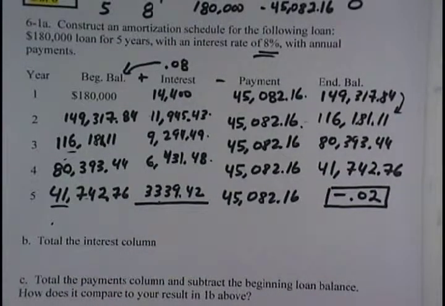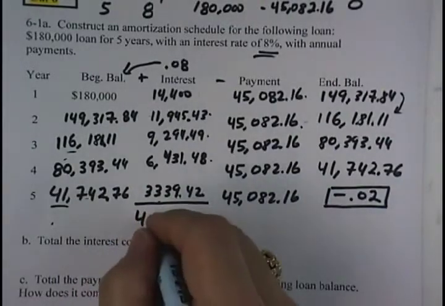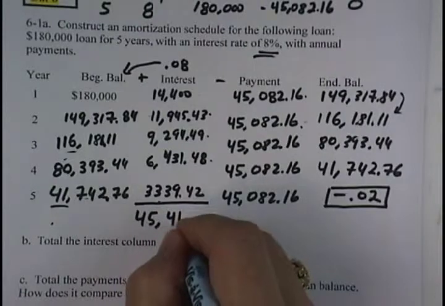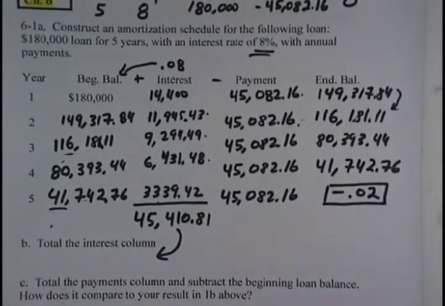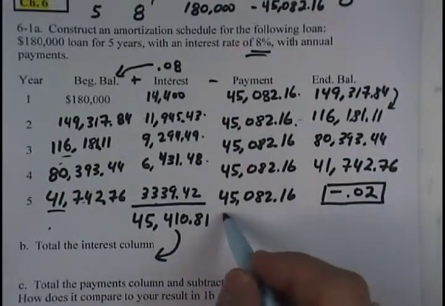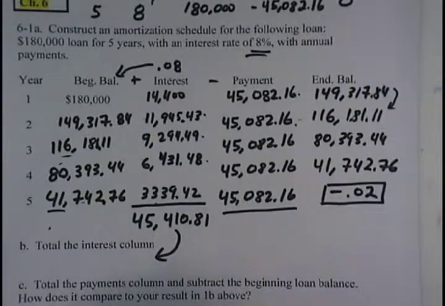So take the $14,400 interest from the first row and add on the $11,945.43 and the $9,294.49 plus the $6,431.48 plus the $3,339.42, and I see the total interest column was $45,410.81. Notice I made 5 payments and they were all the same.